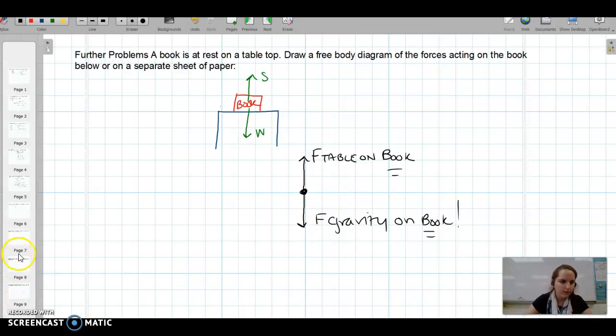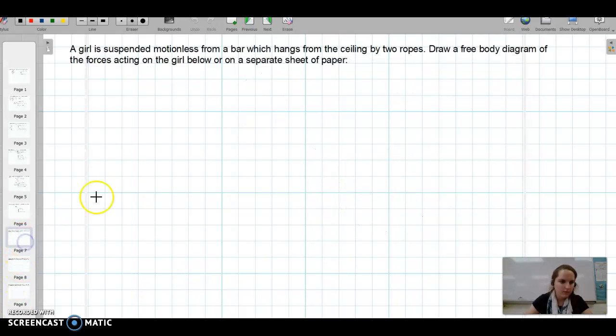Next one. The girl is suspended motionless from a bar which hangs from the ceiling by two ropes. Draw a free body diagram of the forces acting on the girl below.